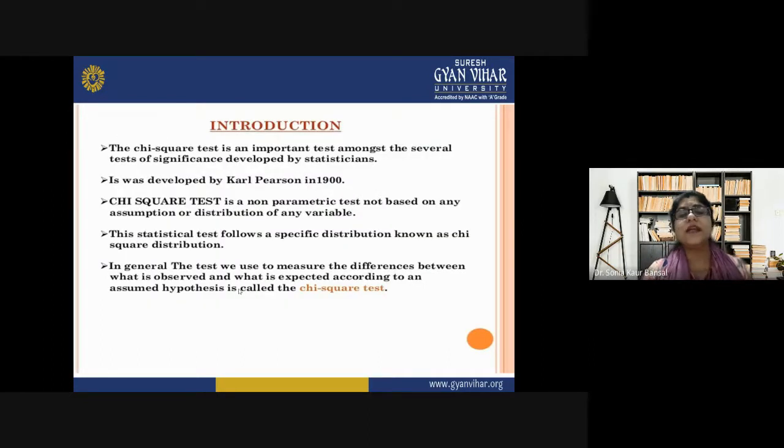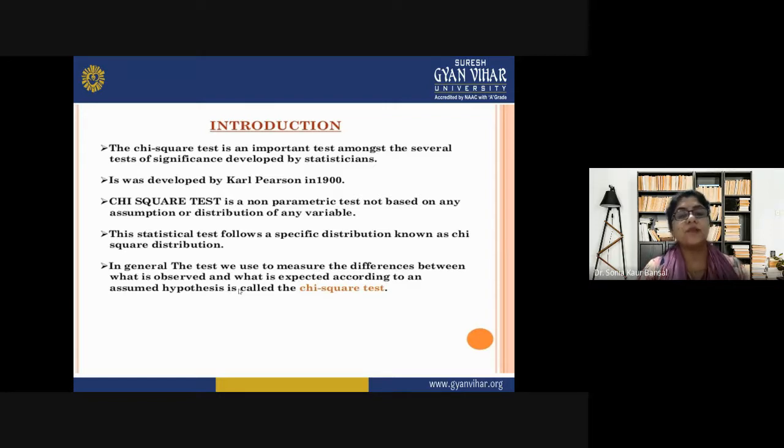So, taking the introduction in an extended form, the chi-square test is an important test amongst the several tests of significance which are developed by statisticians. And students, it was developed by Carl Pearson in 1900. The chi-square test is a non-parametric test, not based on any assumption or distribution of any variable.